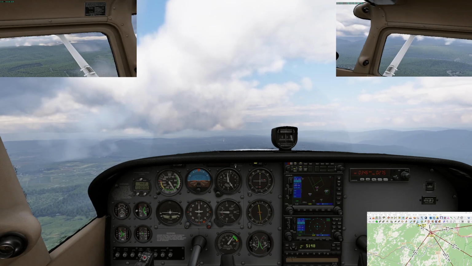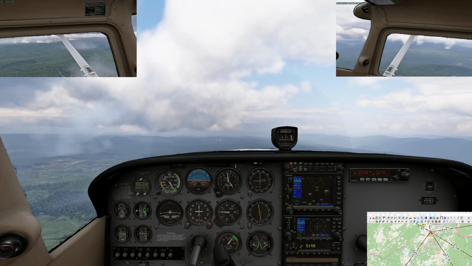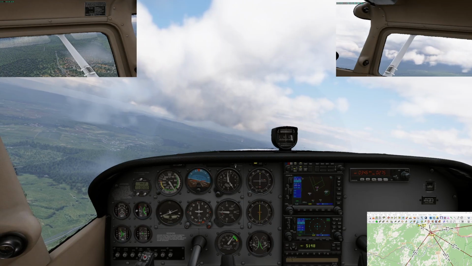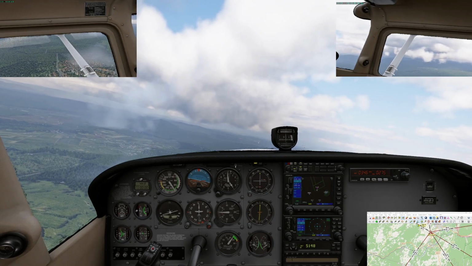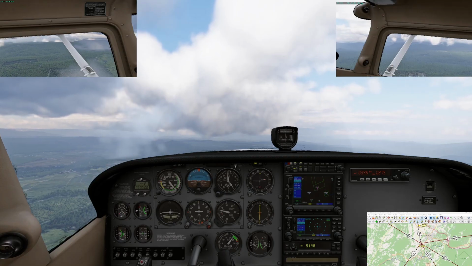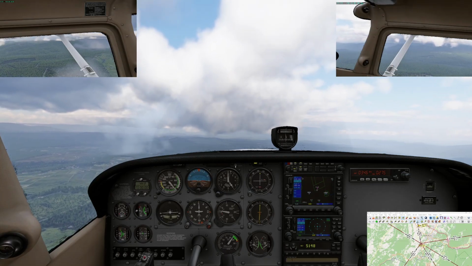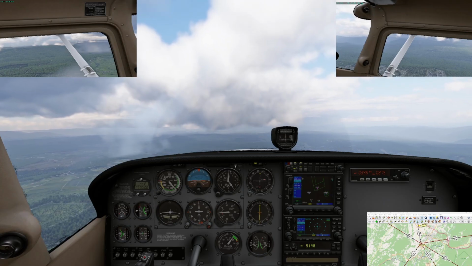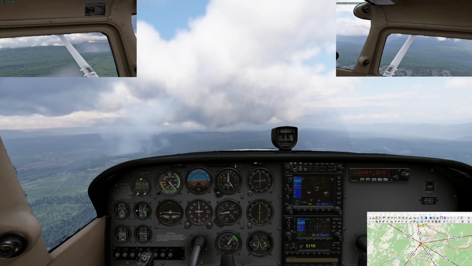Pointer is a little bit to the left the whole time, so I'm going to take out some of that correction. 15 degrees. See when the pointer drops down to 15 degrees from that.